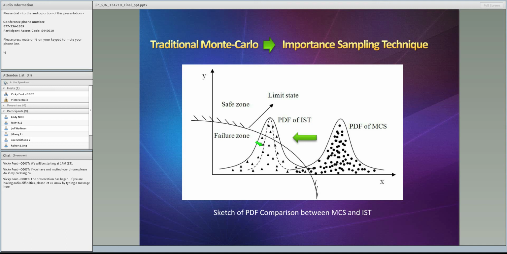So the basic function for the importance sampling is, this is the Monte-Carlo simulation part. If we write this equation into the integral, we can write down here, where f(x) is the former probability density function for the Monte-Carlo simulation.